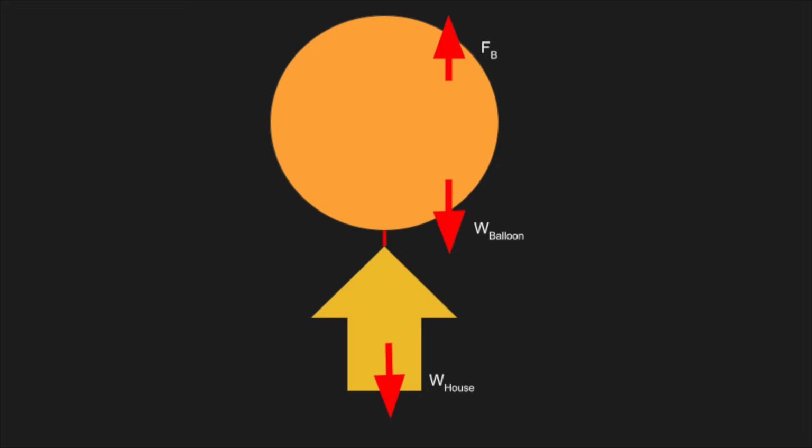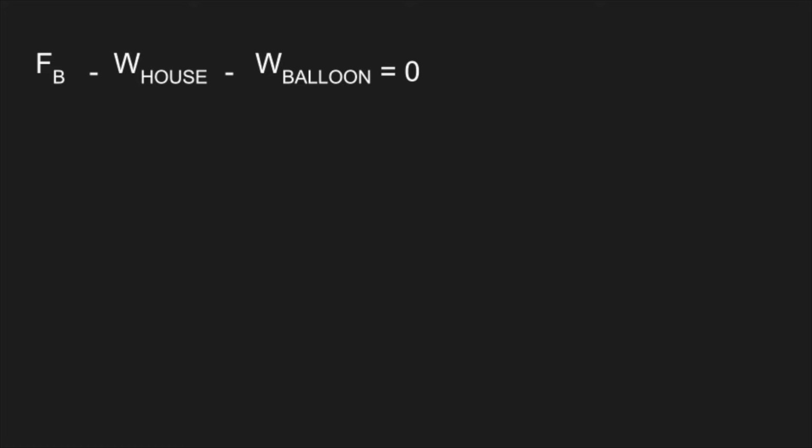What we want to know is how much helium, aka balloons, are needed to have this system achieve lift. To do this, the system has a net force of 0, since there is no acceleration, and we could set it up like this.